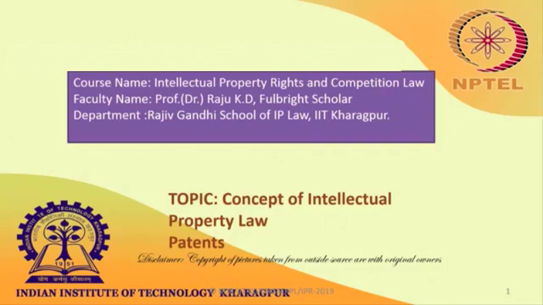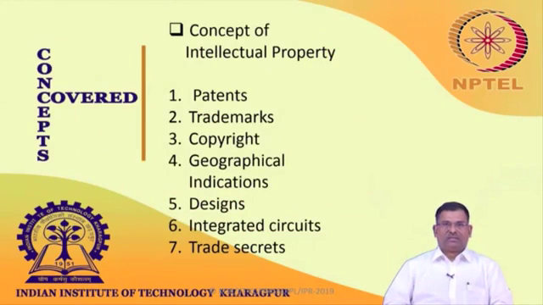In this NPTEL course, Intellectual Property Rights and Competition Law, this week we are going to discuss the concept of intellectual property law and different categories of intellectual property rights. We know that the concept of intellectual property law is very simple.